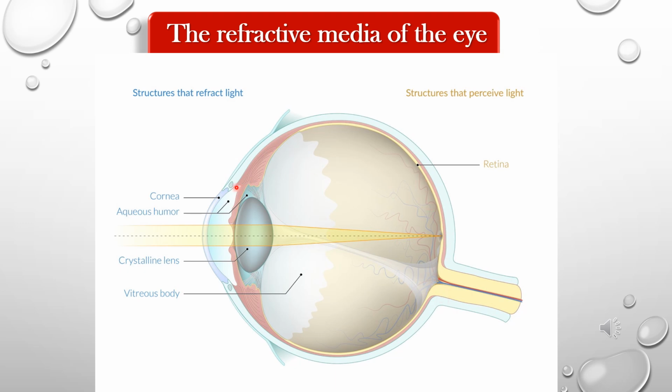They are the cornea, the aqueous humor present in the anterior and posterior chambers, the lens of the eye, the crystalline lens, and finally the vitreous body in the vitreous chamber. These are four transparent structures.